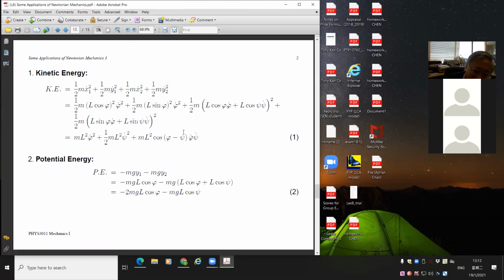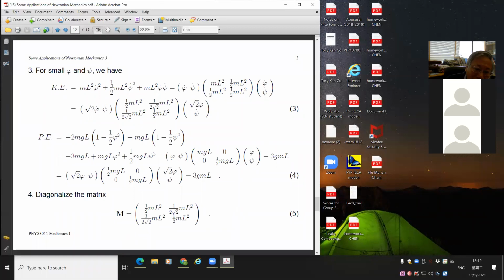So we want to study the system in some special scenario, when phi and psi are both very small. In other words, small angular displacement. Okay? Now, small angular displacement is a common assumption in solving the pendulum problem, right?